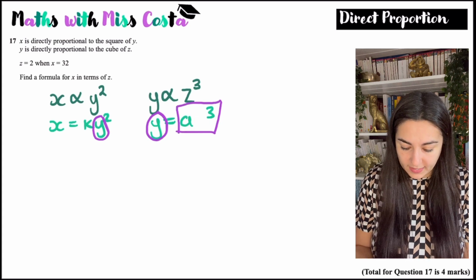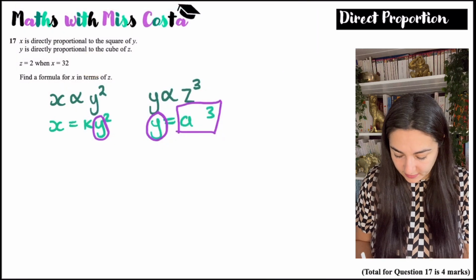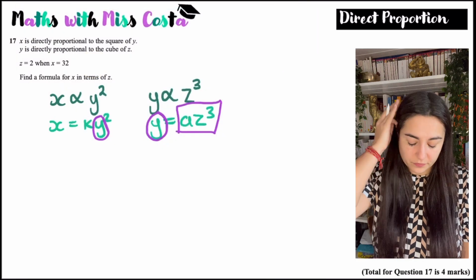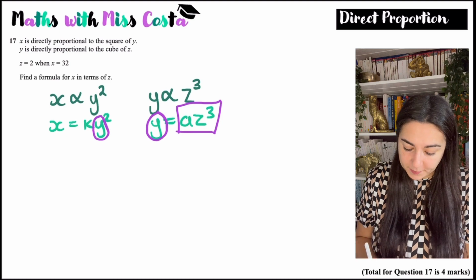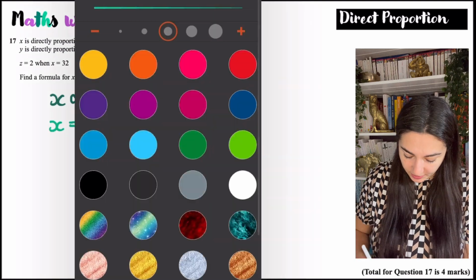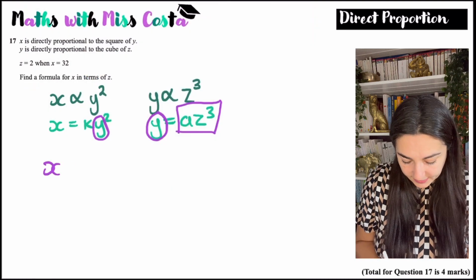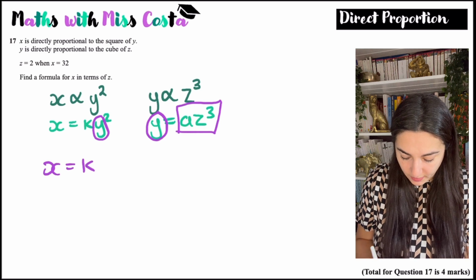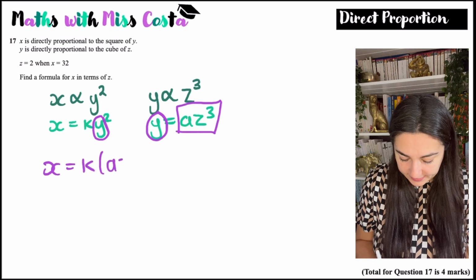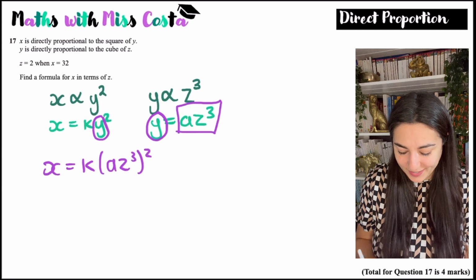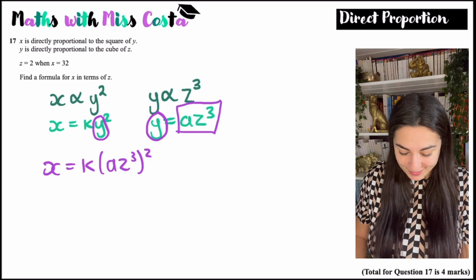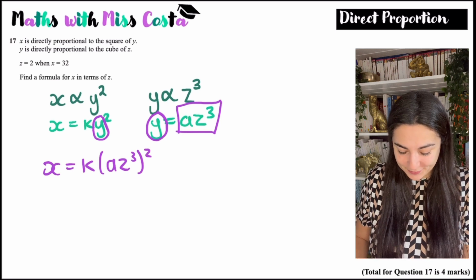We know that y equals a z cubed. So we can substitute that into this equation. So x equals k a z cubed squared. Okay, so now we've got this nice looking equation that we can solve.